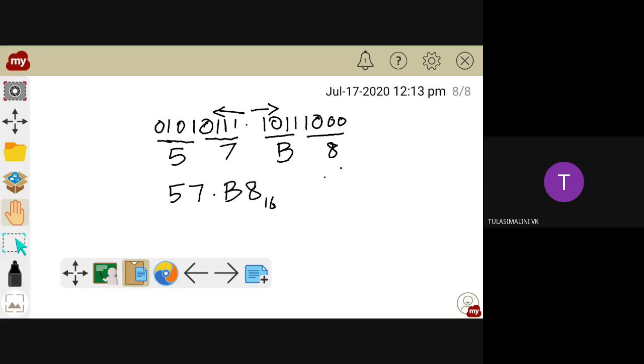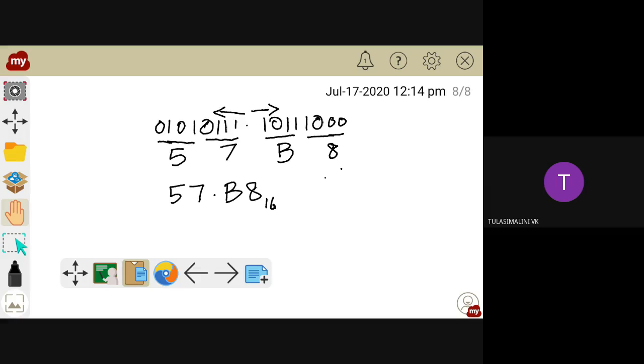You write the equivalent digit and get the octal value. So far we have seen decimal to other number system conversion, other number system to decimal conversion, and binary to octal and binary to hexadecimal.